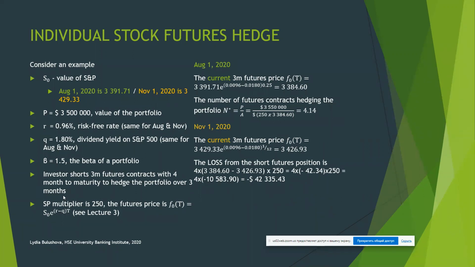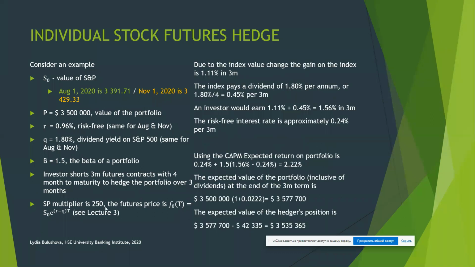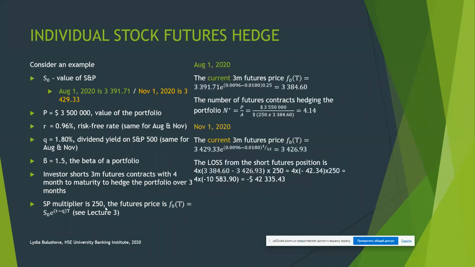Why do traders act as described? And here we have an example. We have S&P, August, November prices, the same portfolio, our risk-free rate, and a dividend yield on the S&P 500.